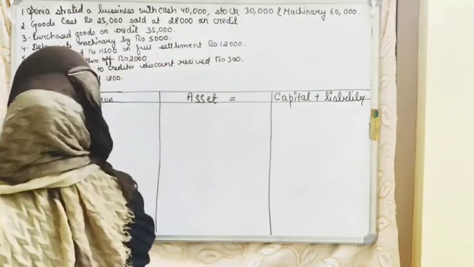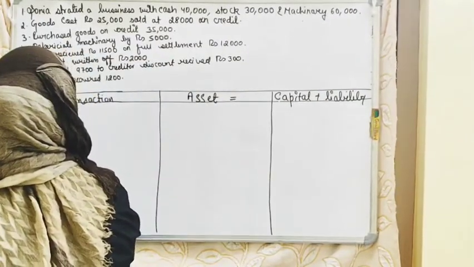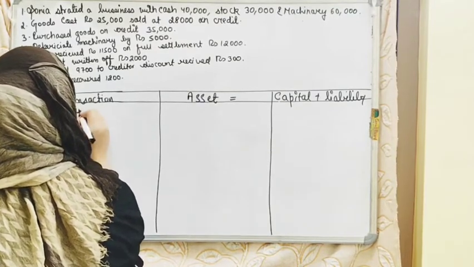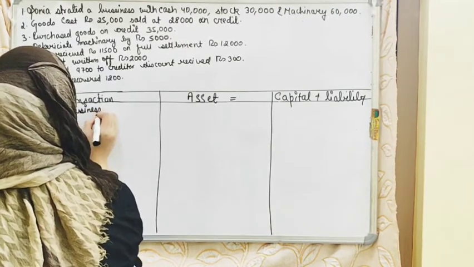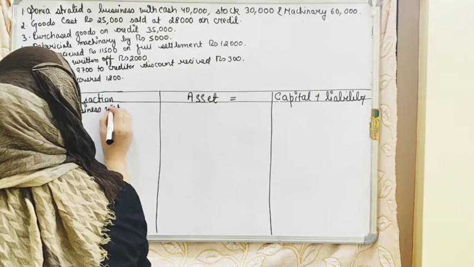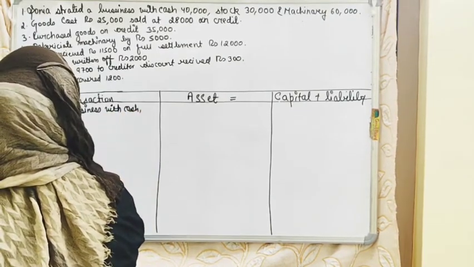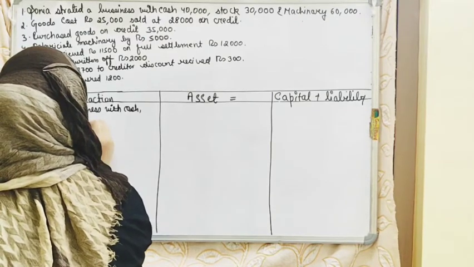We'll write number 1 here: started a business with cash, stock and machinery.